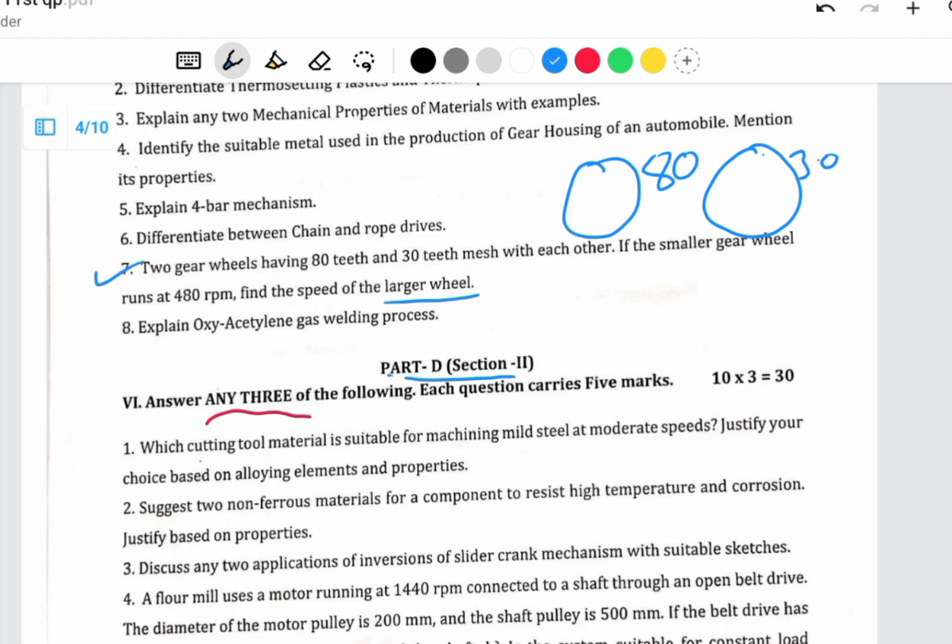The smaller gear will run at 480 rpm. So we have to calculate the speed of the larger wheel.